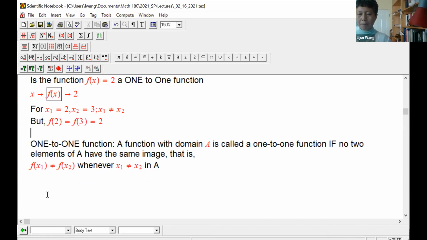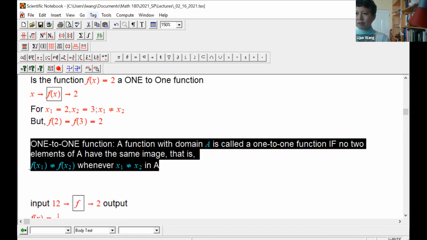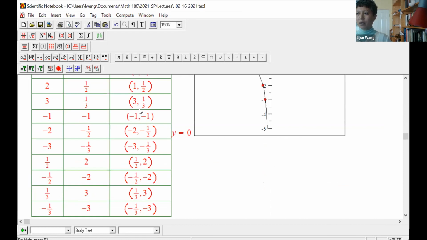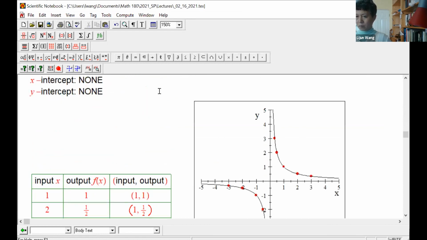No worries. Okay, so let's look at the other function. We're still taking this definition and we look at this function.